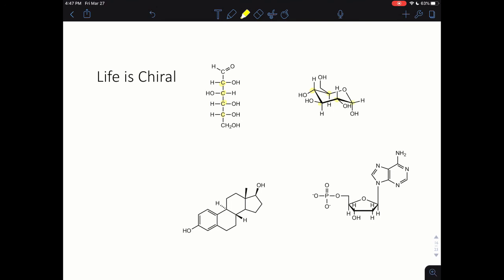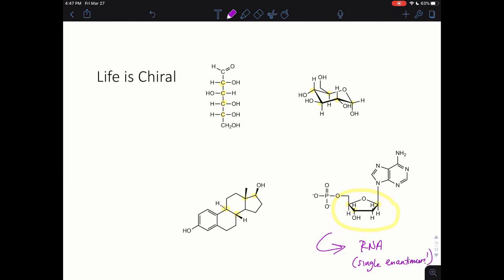Look at the nucleotide. This has stereocenters as well because of the sugar backbone, estradiol, stereocenters, and all of these molecules exist in your body as a single enantiomer. So when these nucleic acids make RNA and DNA, they are single enantiomers.